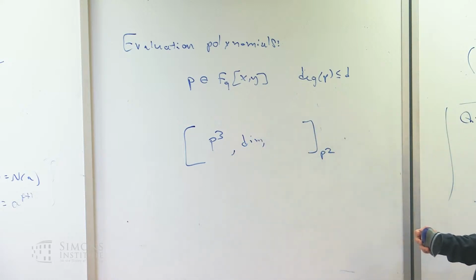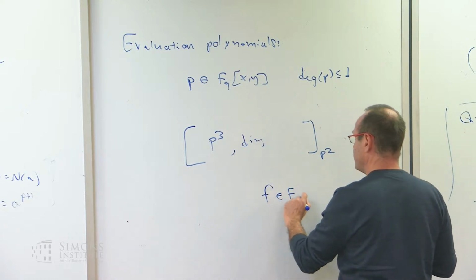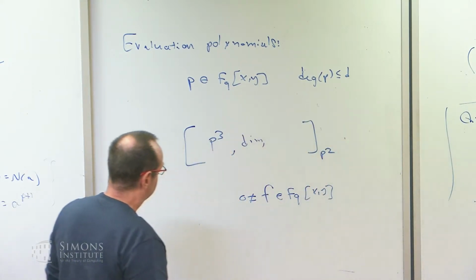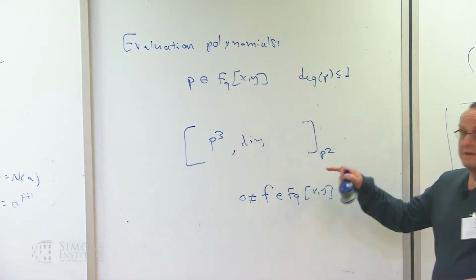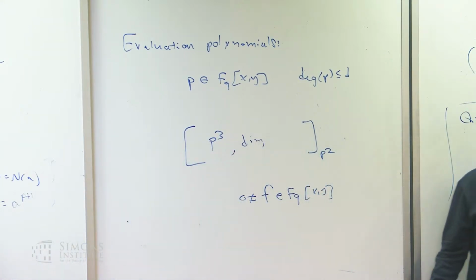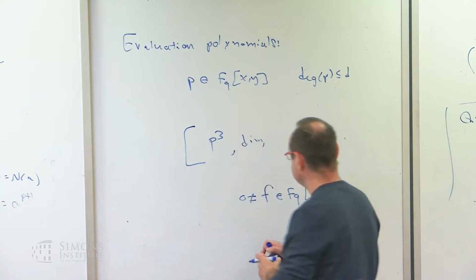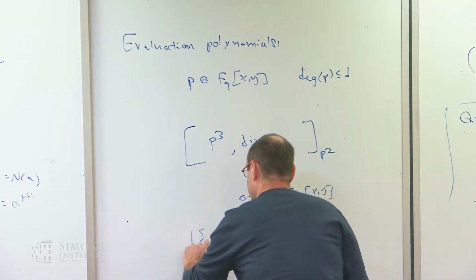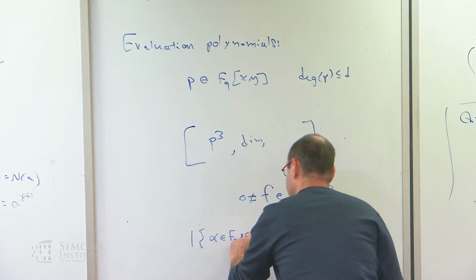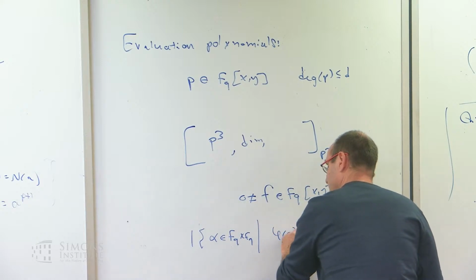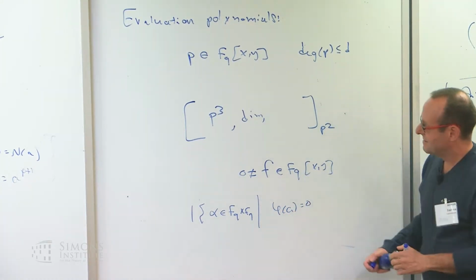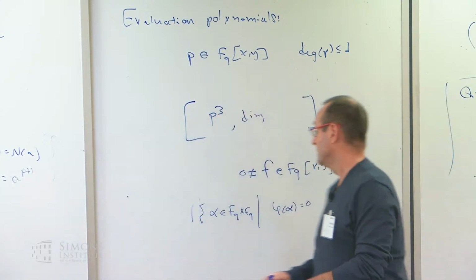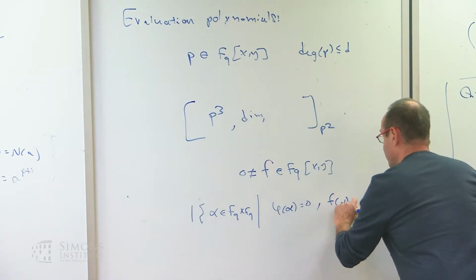And what's the distance? If f is in F_Q[x,y] and it's not the zero polynomial, then the number of zeros that f can have on H is really the intersection of the zeros of f and the zeros of the curve. So it's all elements alpha in F_Q × F_Q such that phi of alpha is 0, where phi is this equation, and f of alpha is 0.